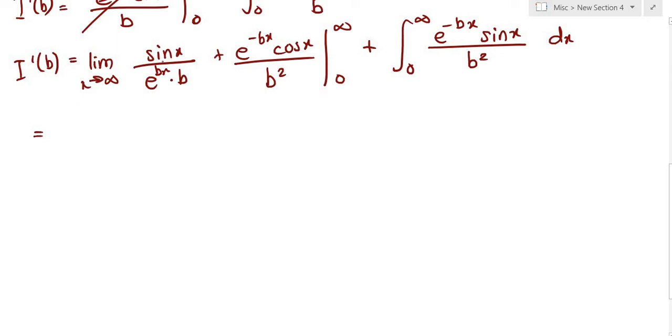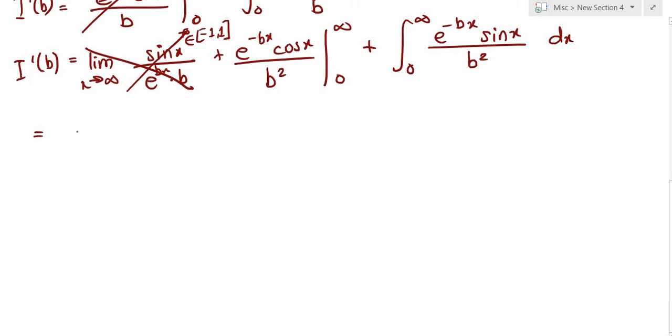So now when I calculate this limit, finally sine is again going to be in between -1 and +1, we don't know what. But now notice that as x goes to infinity, the denominator will go to infinity, therefore the entire fraction will go to 0. So we don't need to worry about anything now because of this e raised to negative bx that we pulled in the denominator, and that just simplified everything for us.